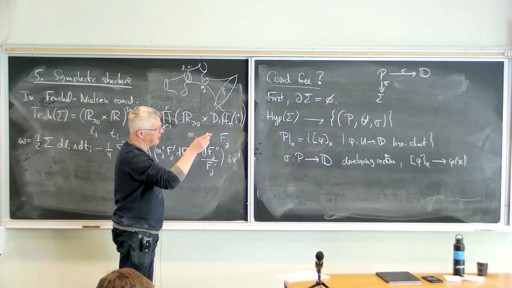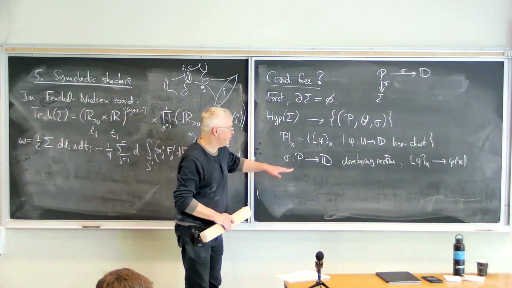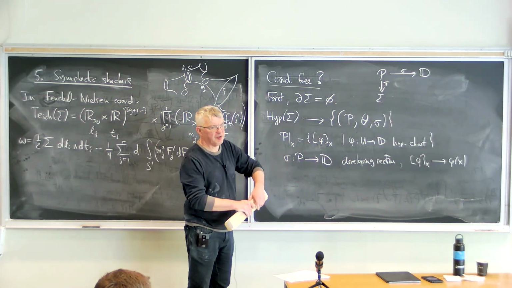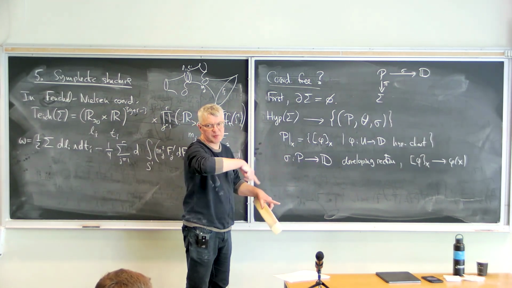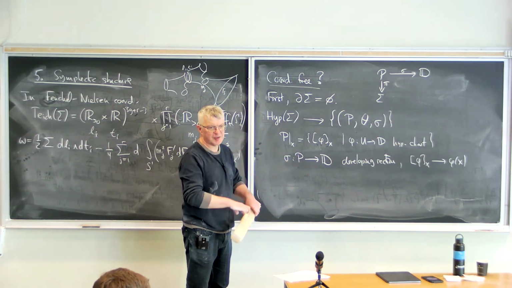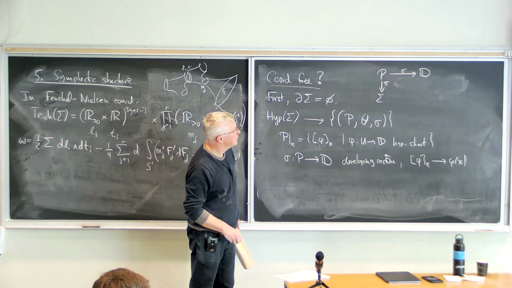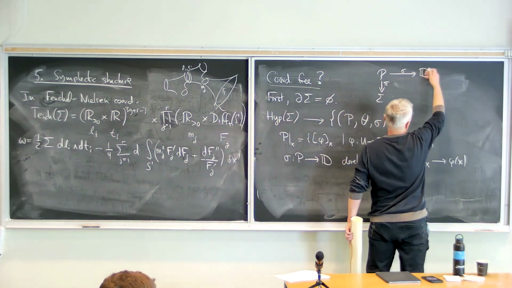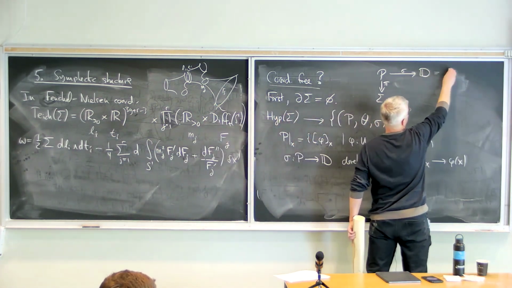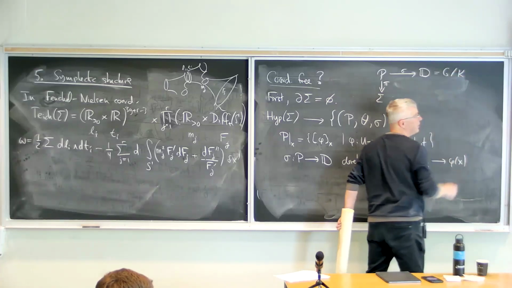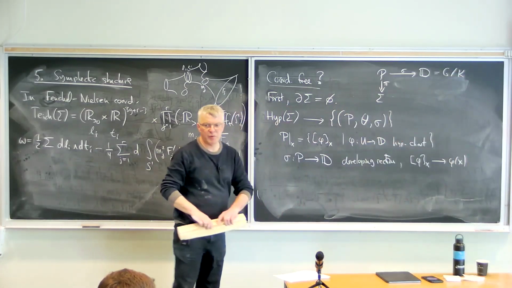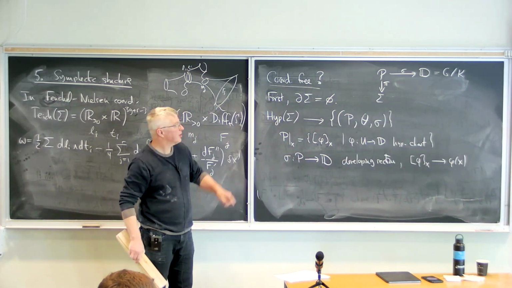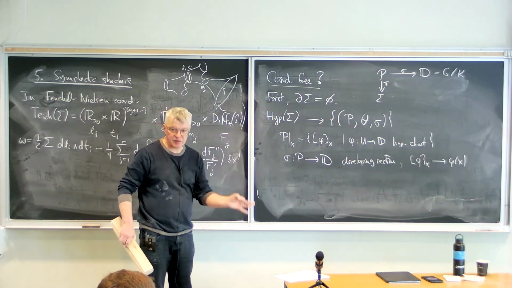So this developing section is some G-equivariant map. I call it developing section because it's G-equivariant, so it can be viewed as a section of the associated bundle with fiber D. But one way to think of the role of this developing section is to say, okay, G acts transitively here, and so this is G mod K, where K is isomorphic to just SO(2) rotations, and the developing section defines the reduction of the structure group.